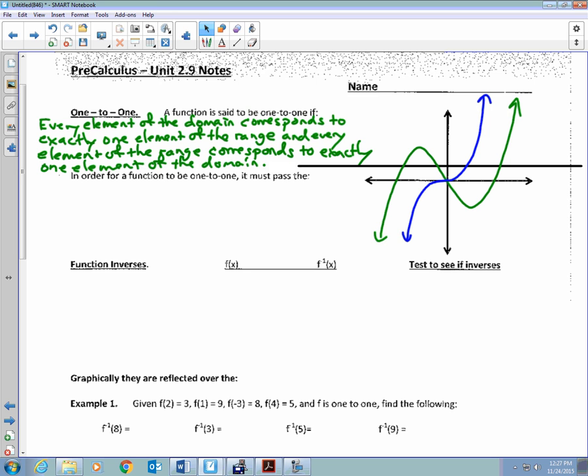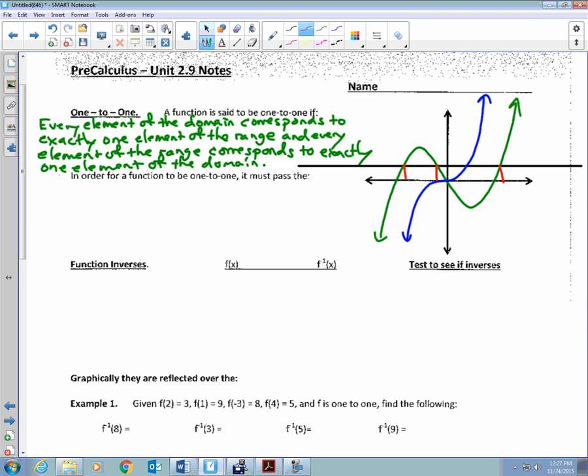At how many places does the green function have a height of 1? 3. So there's one output that corresponds with 3 different inputs, right? An output of 1 maps to there, and to there. There are 3 different inputs that give you that output.